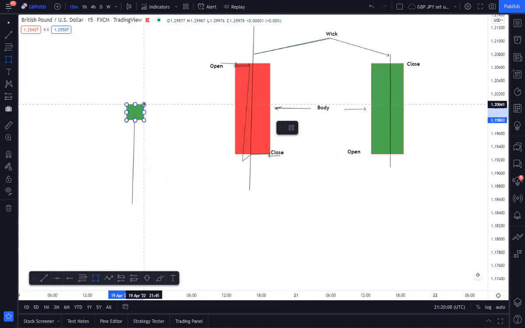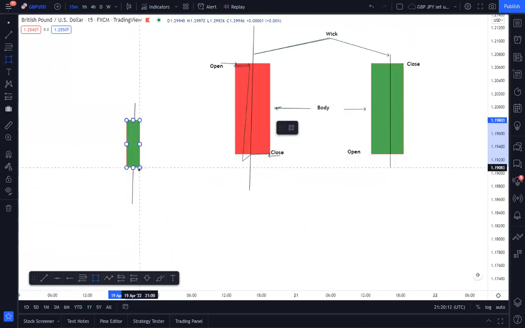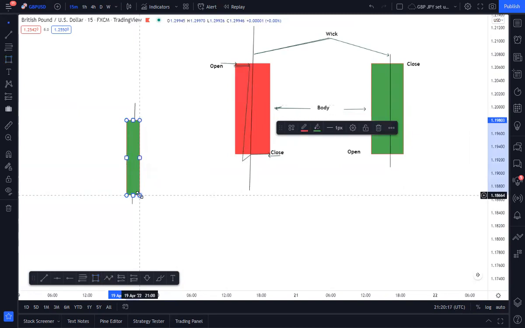When they pushed up at first, the bears rejected it immediately and pushed it back deep down. Now you see, the moment they pushed it back from where it got to, this wick was created. So that's why an upper wick is being created.